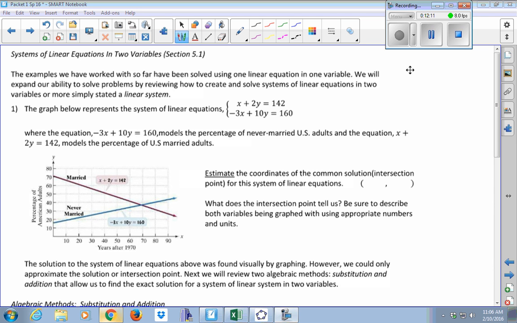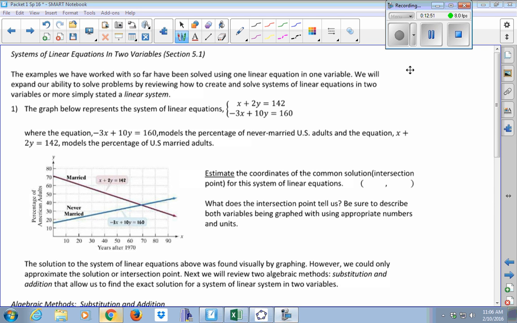All right. So you have to be careful with this equation, because many of you are used to looking at linear equations, and whenever you see the number in front of x being negative, you think it has a negative slope. But remember, this is not in the form of y equals some number times x plus b. So you've got to be a little careful. It says this equation, negative 3x plus 10y, models the percentage of never married U.S. adults. So that's this blue line right here. You see the equation for that line is always present in the graph, so you know what the equation is and what line represents that equation.